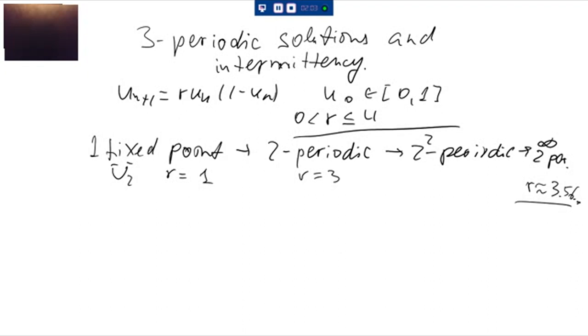And what I claimed in one of my previous lectures is that in the logistic map we can also have solutions of other periodicities. And today we will be mostly talking about three periodic solutions.